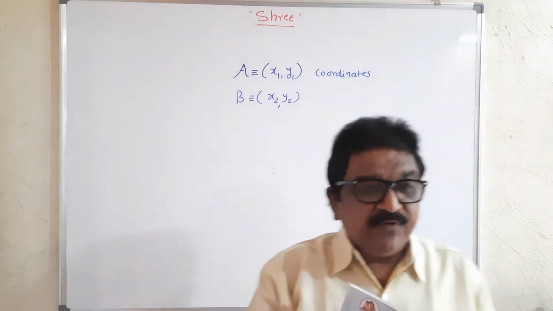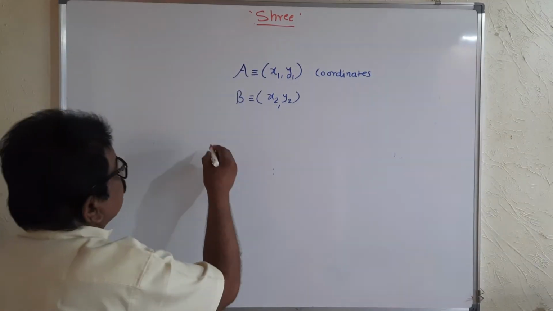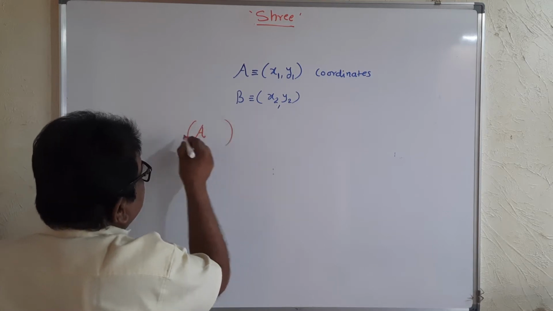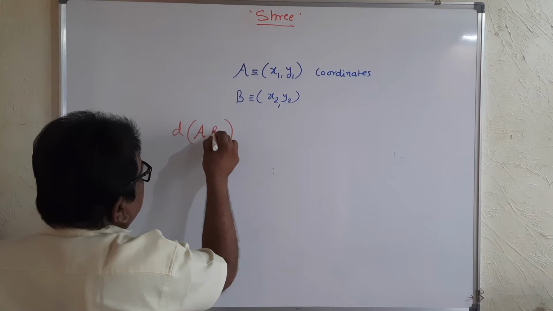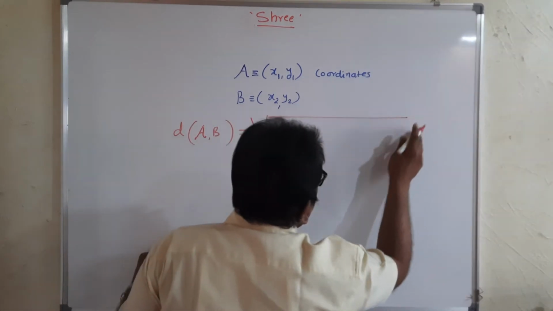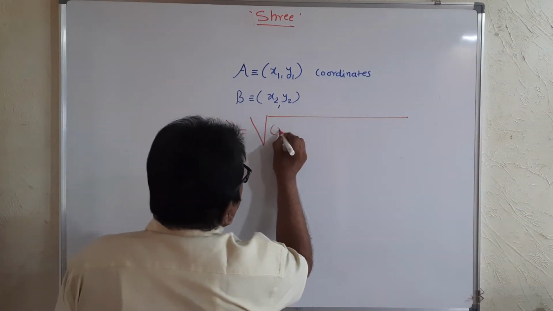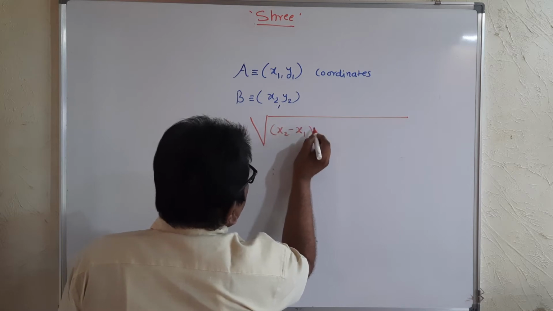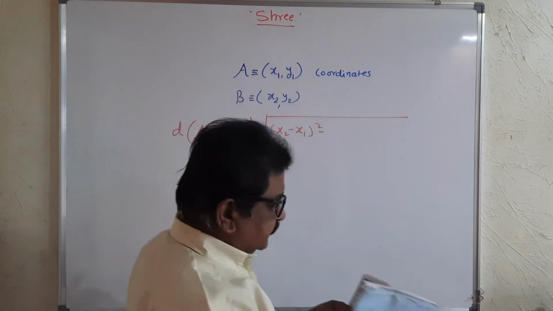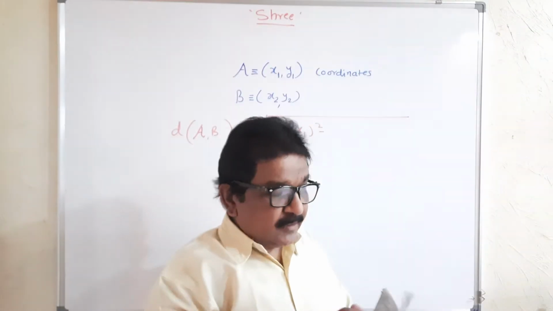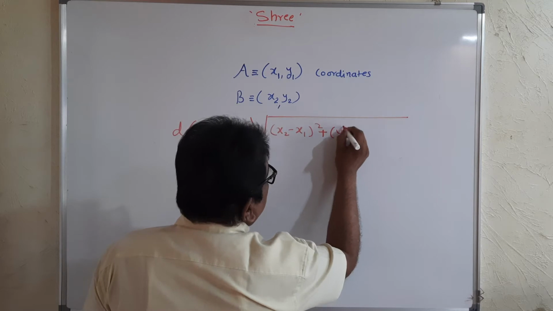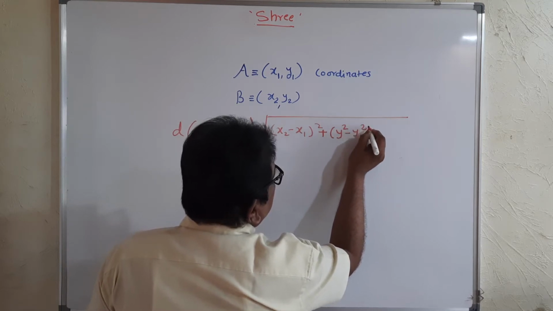So what is the formula then? These two are the points with coordinates x1, y1 and x2, y2. So distance AB is equal to under the root, x2 minus x1 the whole square plus y2 minus y1 the whole square.